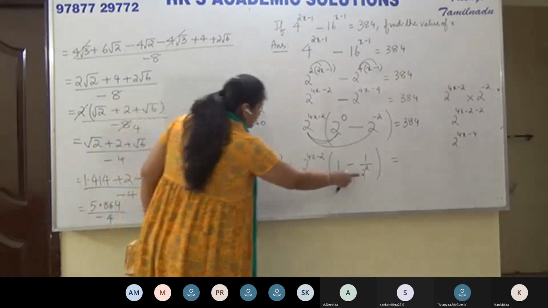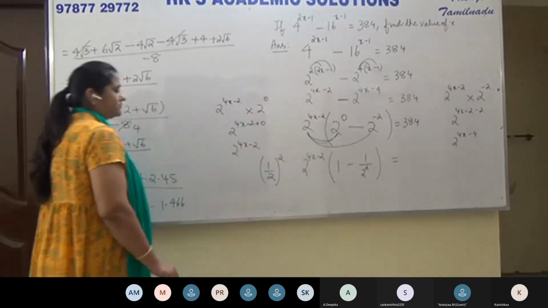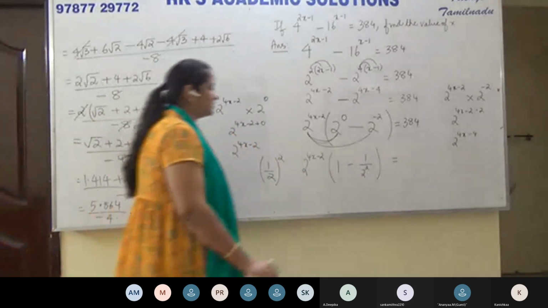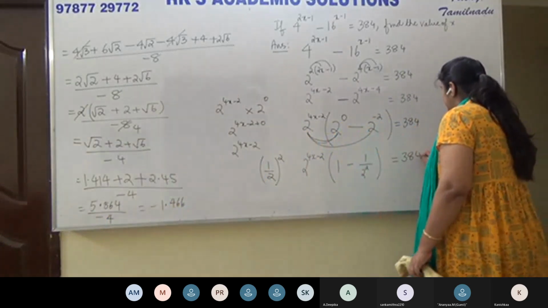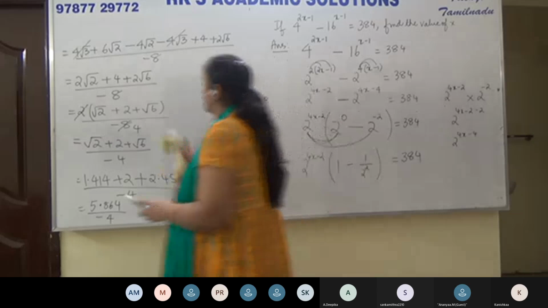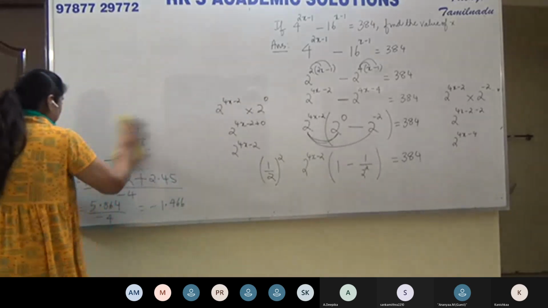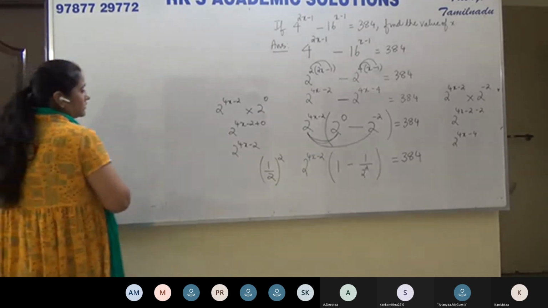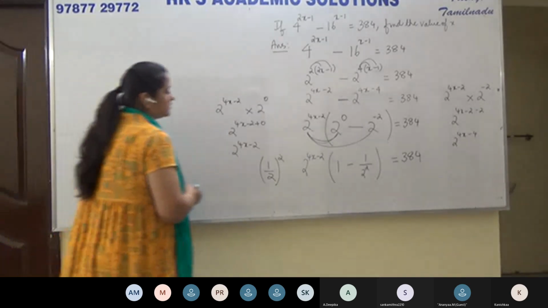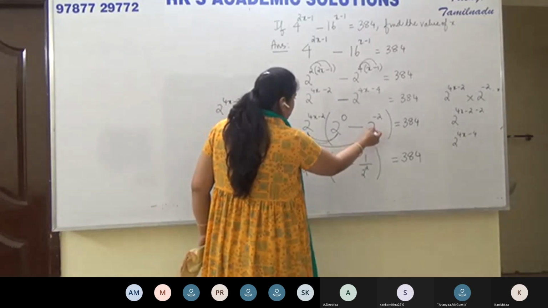This can be written as 1 by 2 squared, is equal to 384. So I hope this is clear, children.